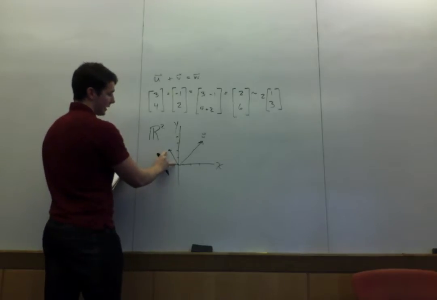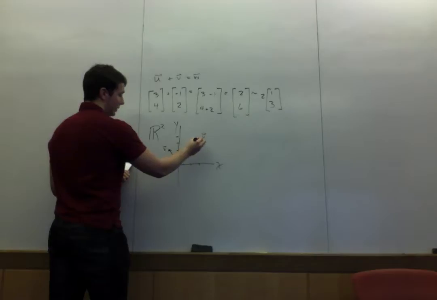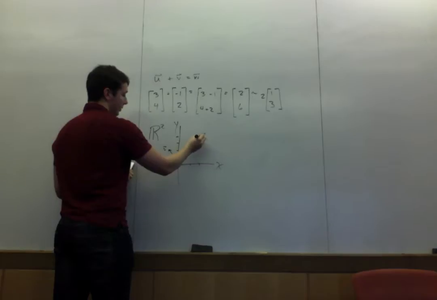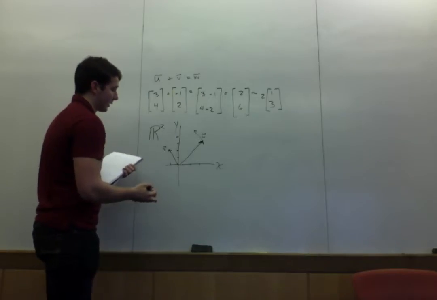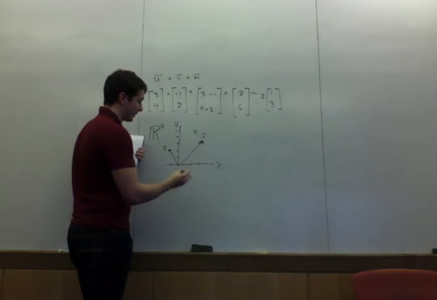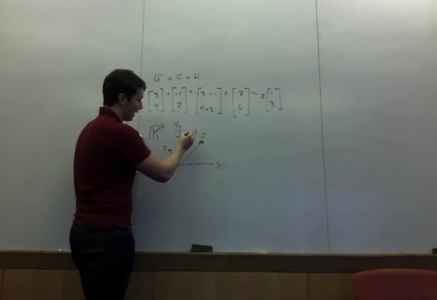So if we imagine taking this arrow, v, and moving it up to the tip, or the arrowhead, I should say, of u, and kind of sketch out what that would look like, very roughly, we get something that pretty closely approximates 2, 6.